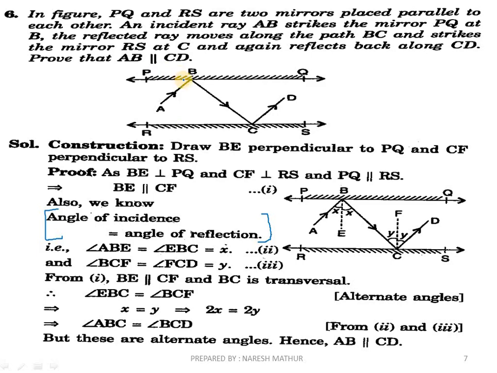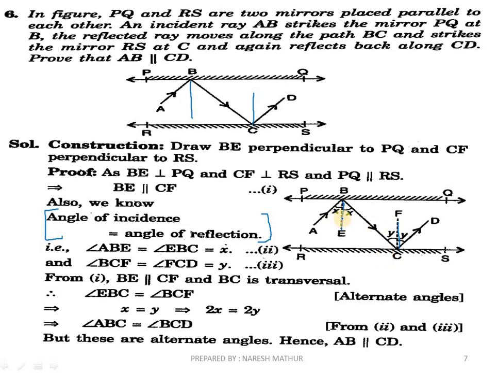Now what we are going to do, we have to construct two perpendiculars from point B and point C. Let's say BE is a perpendicular on PQ and CF is a perpendicular on RS. Now these two, BE and CF, are perpendiculars, so we can say both perpendiculars will be parallel to each other.